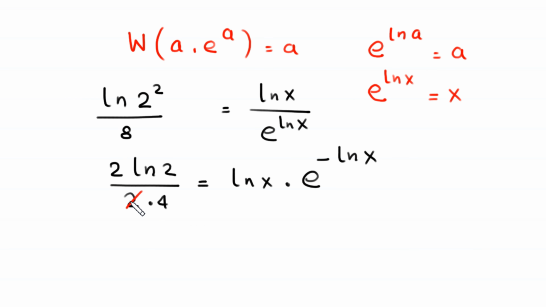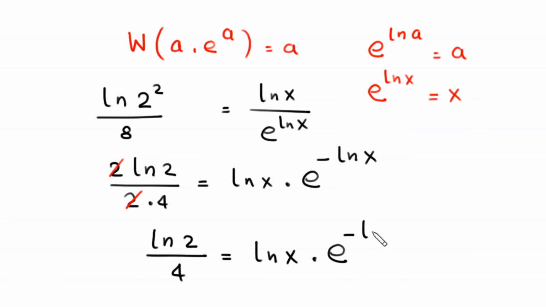Now these two will be cancelled out with these two, and at left hand side we are left with ln of 2 divided by 4 is equal to, this will become ln of x times e to the power negative ln of x.